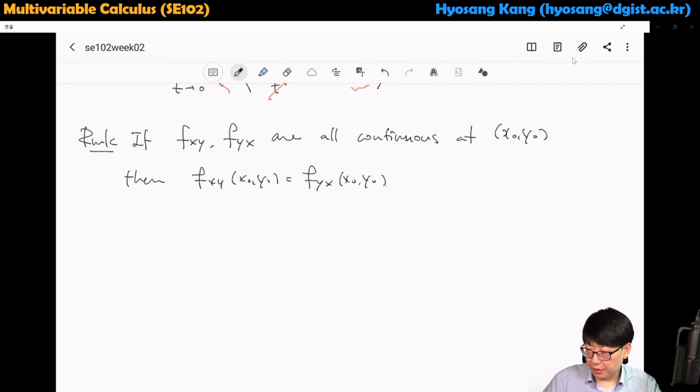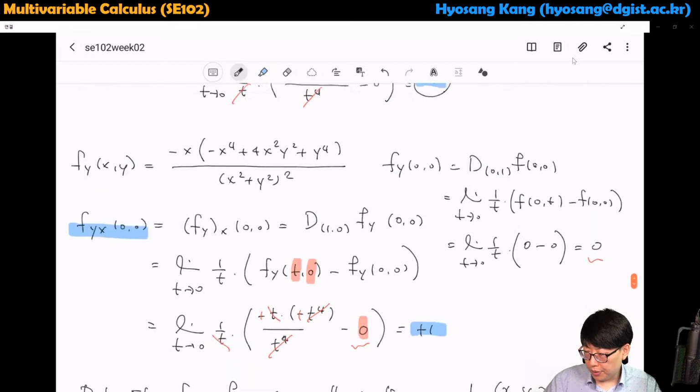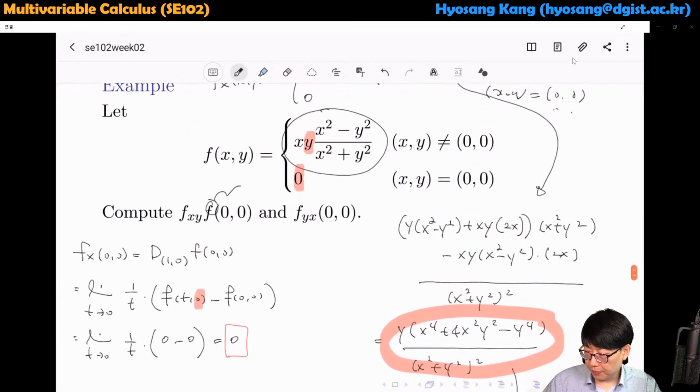So what does that mean? Our previous example has partial derivatives fxy and fyx that are not continuous at 0, 0. So that's why we have different values.